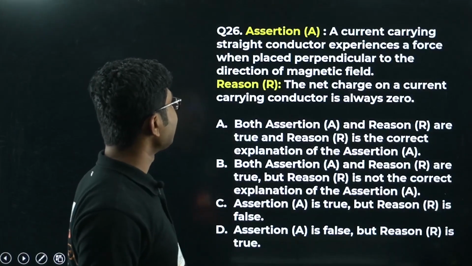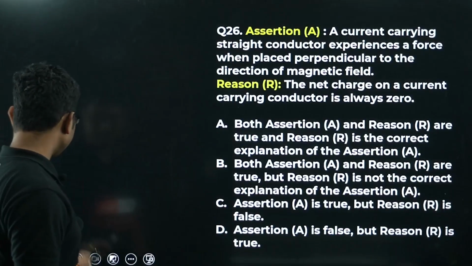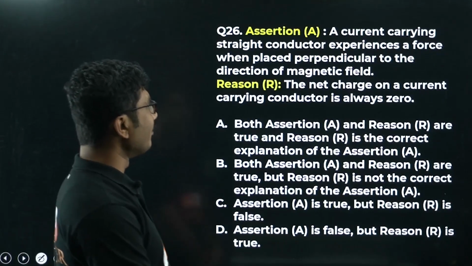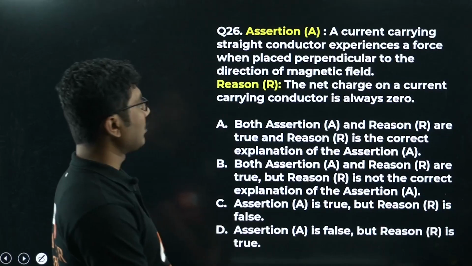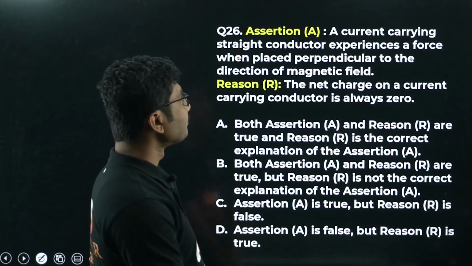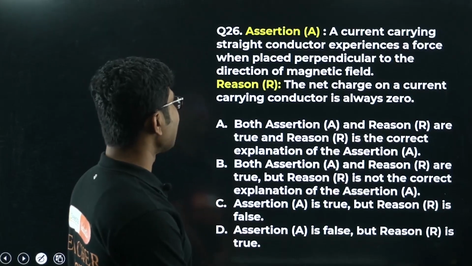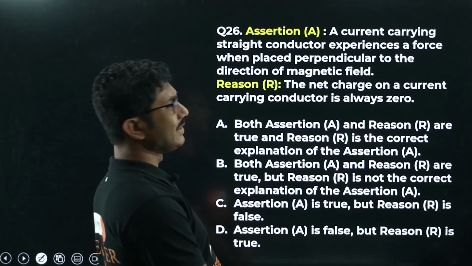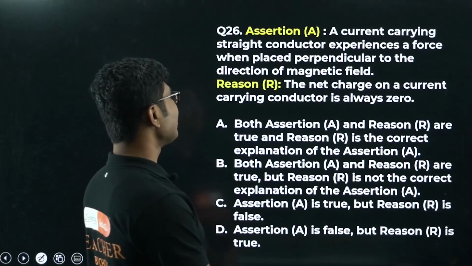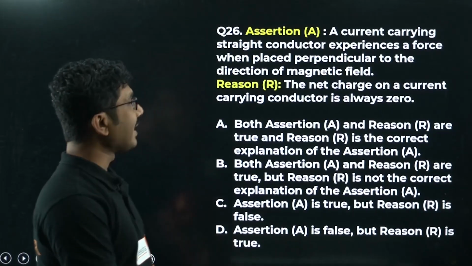Now question number 26, another assertion and reason based question. Current carrying straight conductor experiences a force when placed perpendicular to the direction of magnetic field. The net charge on a current carrying conductor is always 0. Now if you see, a current carrying straight conductor experiences a force when placed perpendicular to the direction of magnetic field.